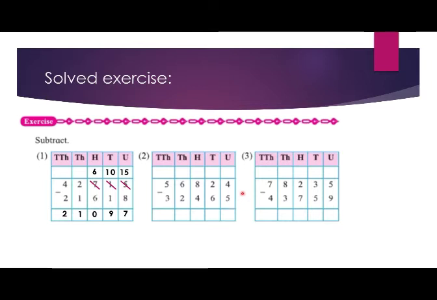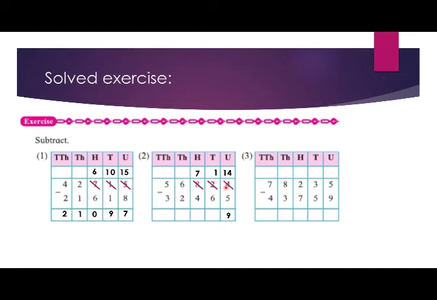Okay, let's begin. Again here, 4 is smaller than 5. We cannot subtract this 5 from this 4. We'll have to borrow. We'll cut down this 2. We'll reduce it by 1. And we will pass on 10 to this unit. 10 plus 4, this will be 14. 14 minus 5, 9. Now here I cannot subtract 6 from 1. I'll have to borrow. I'll cut down this 8. Reduce this 8 by 1, so it will become 7.